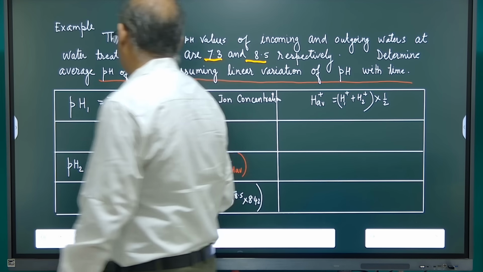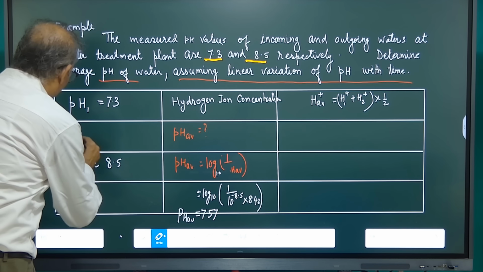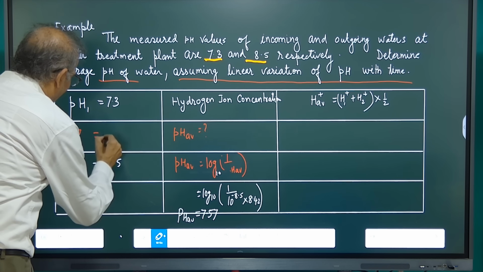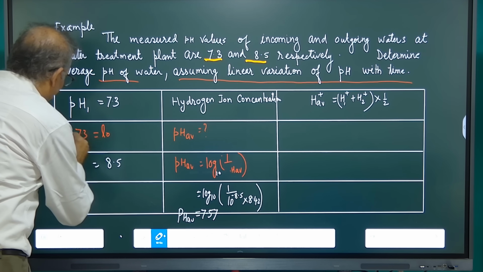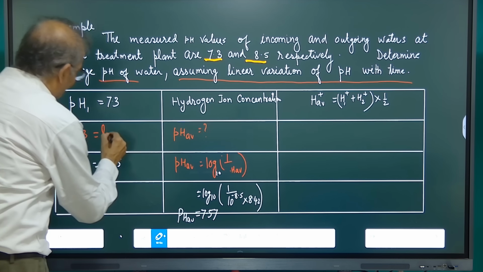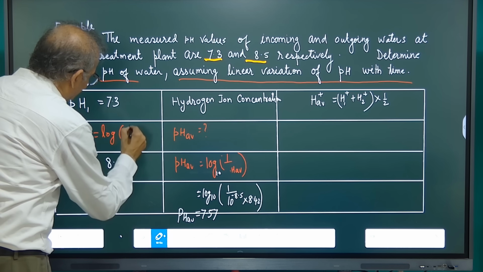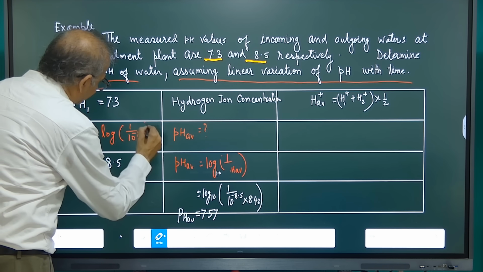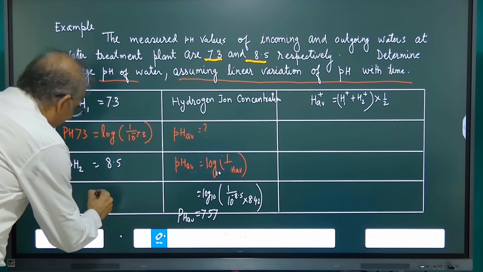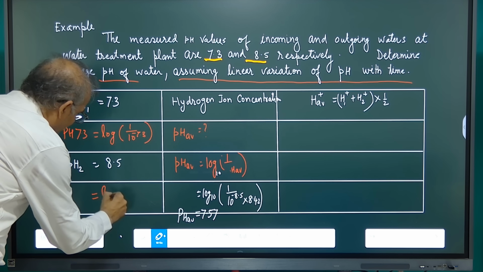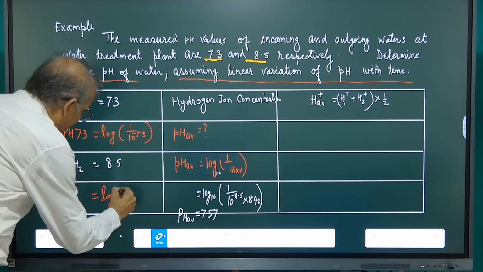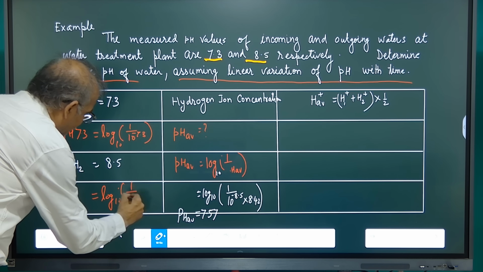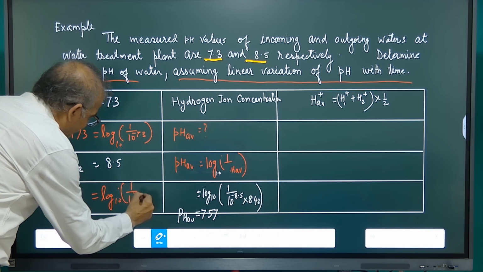pH 7.3 we can write as log of 1 upon 10 to the power minus 7.3. pH2 can be written as log to the base 10 of 1 upon 10 to the power minus 8.5.